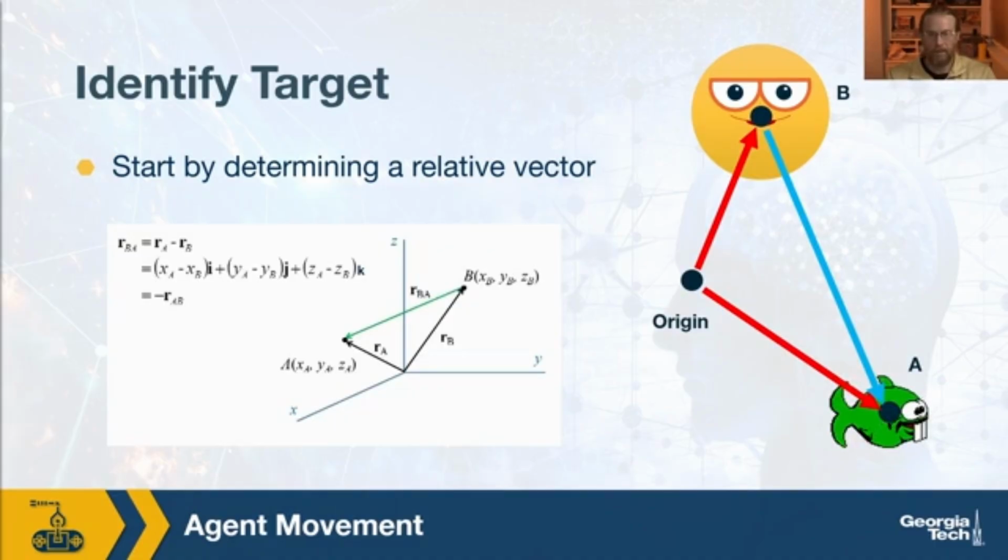Well, first of all, we're going to place points at the center of each of these different game objects, the agent and the fish. So they'll be at the center. And from there, we can figure out, where is the fish relative to the agent? We can just calculate a relative vector.